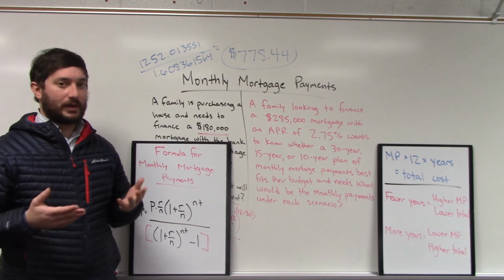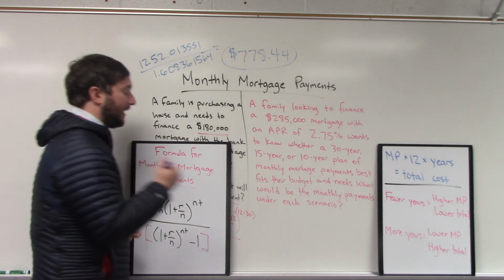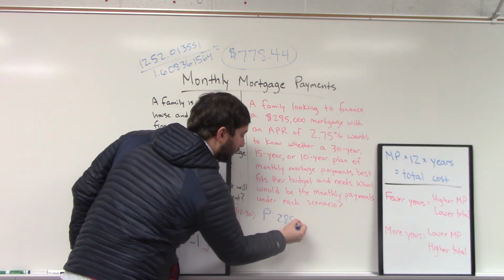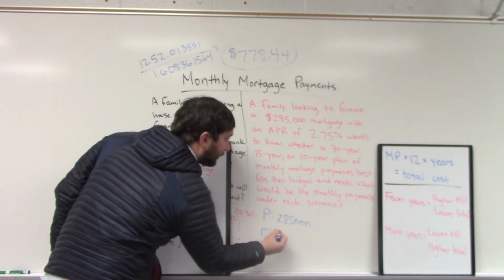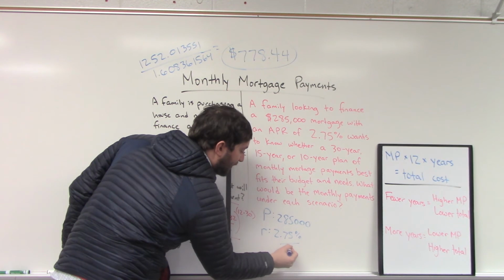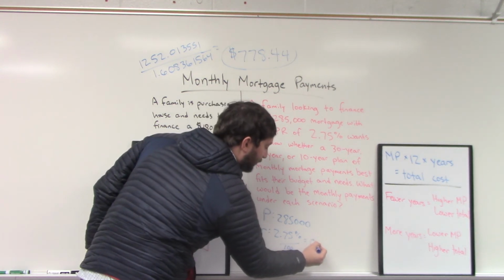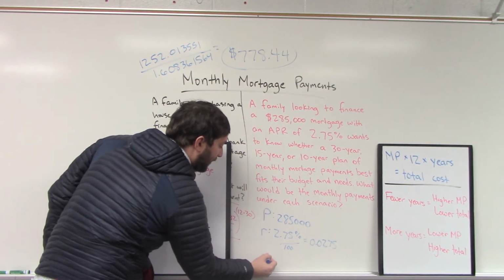Okay. So obviously in each of these scenarios, our principal would be the same. Our rate is the same, and we're dividing that by 100 once again, so it's going to end up being 0.0275, and our number of months is the same.